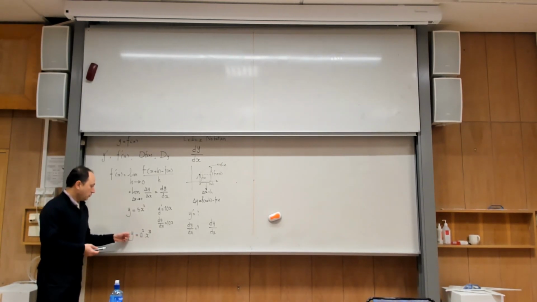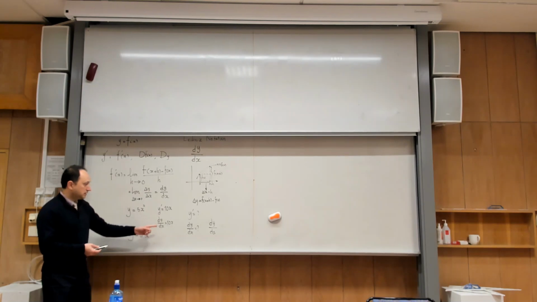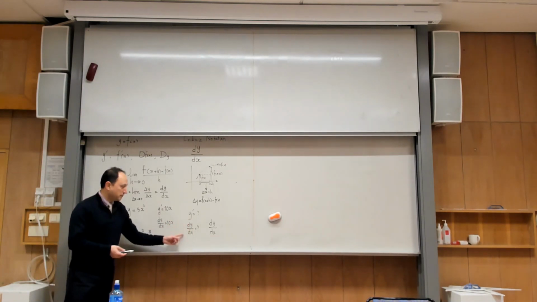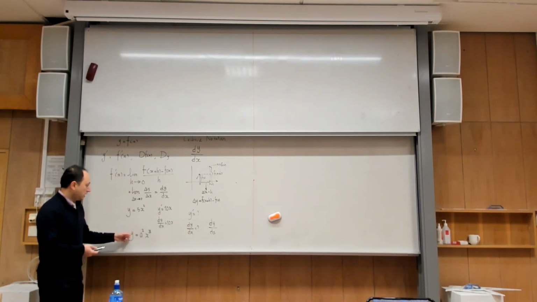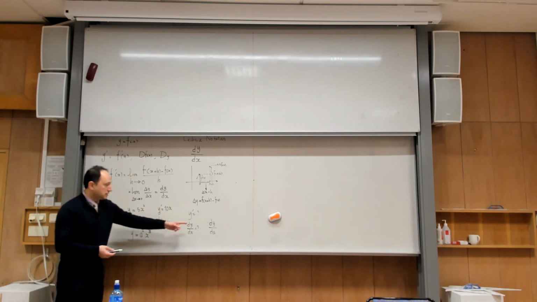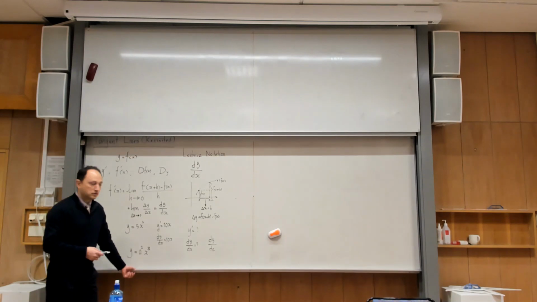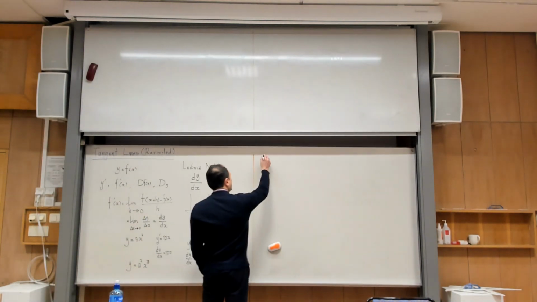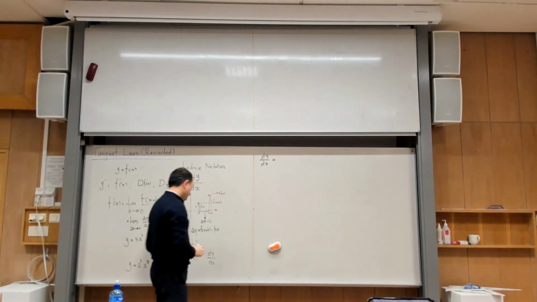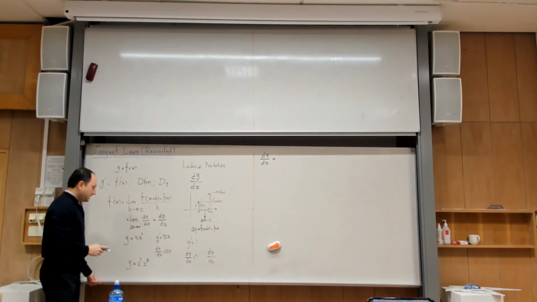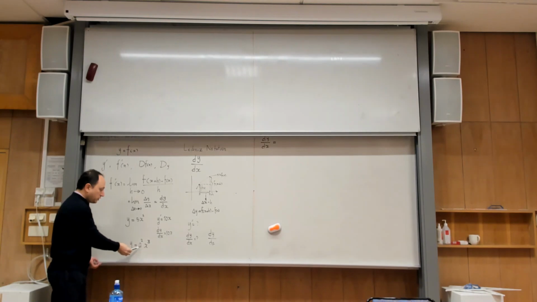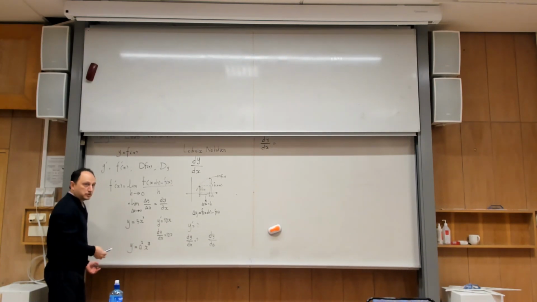If I am seeing y as a function of x, then I use this symbol. If I want to see y as a function of a, then I use this symbol. Okay? And the answers are different. So here, if I ask you what is dy dx for this function, this means that even though a is also a letter, consider a to be a fixed number.